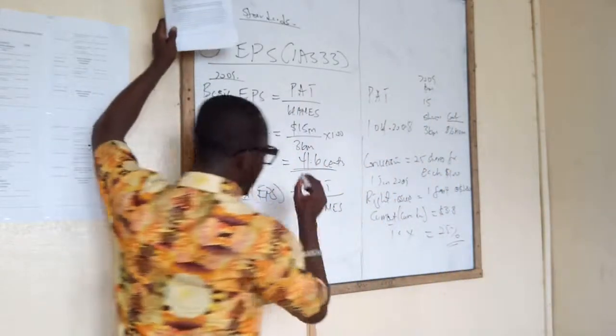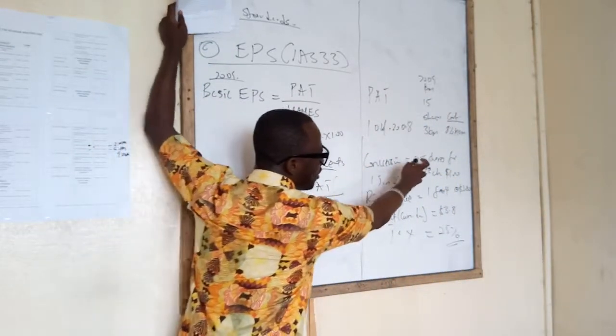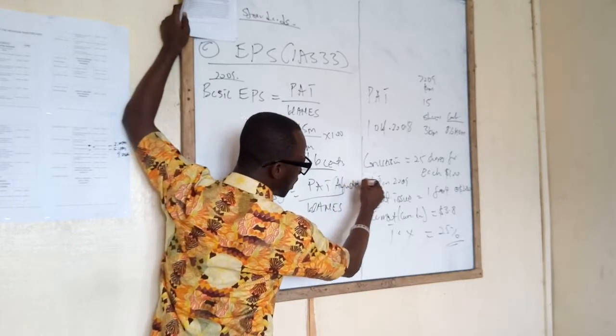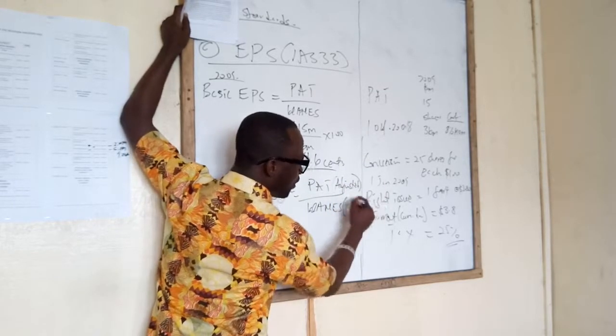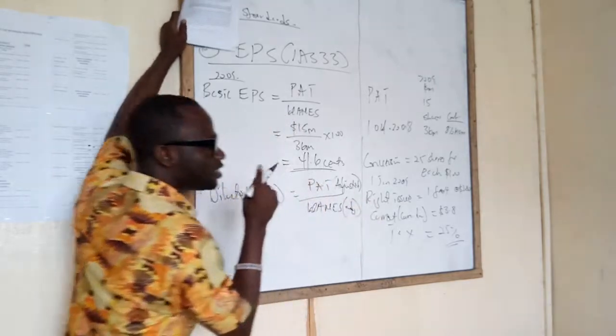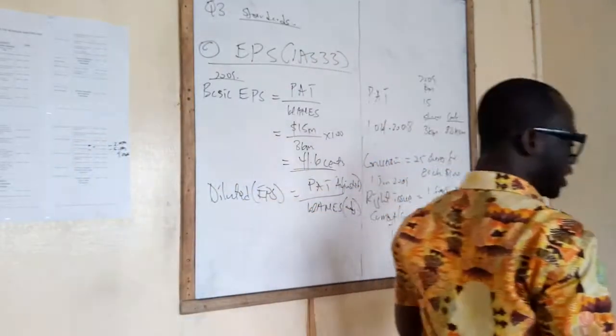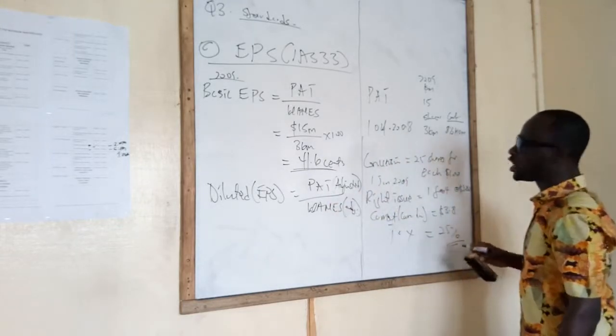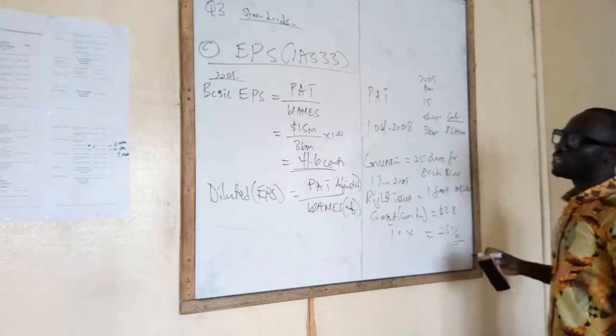So let's see the workings. Meaning that anytime there are convertible shares, our profit is going to be adjusted. You remember that? So how do we go about the workings? This is how we go about it. Number one, let's adjust the profit, taking into consideration the convertible loan notes.